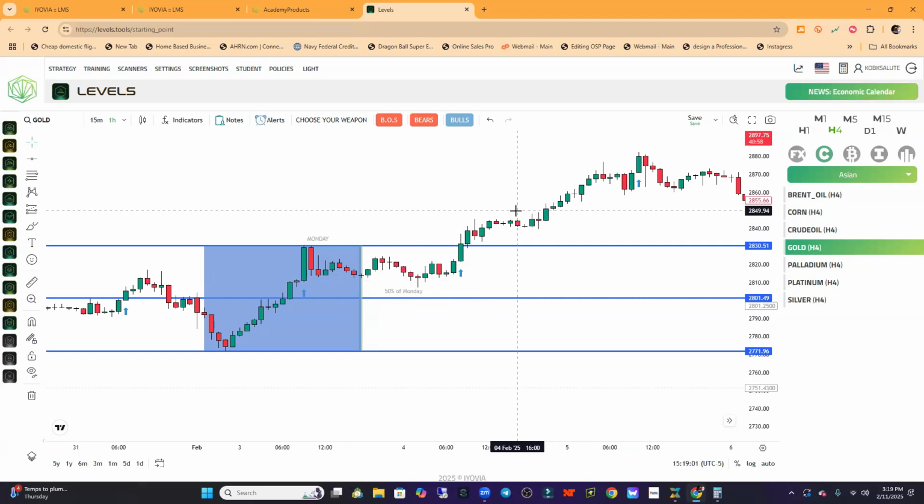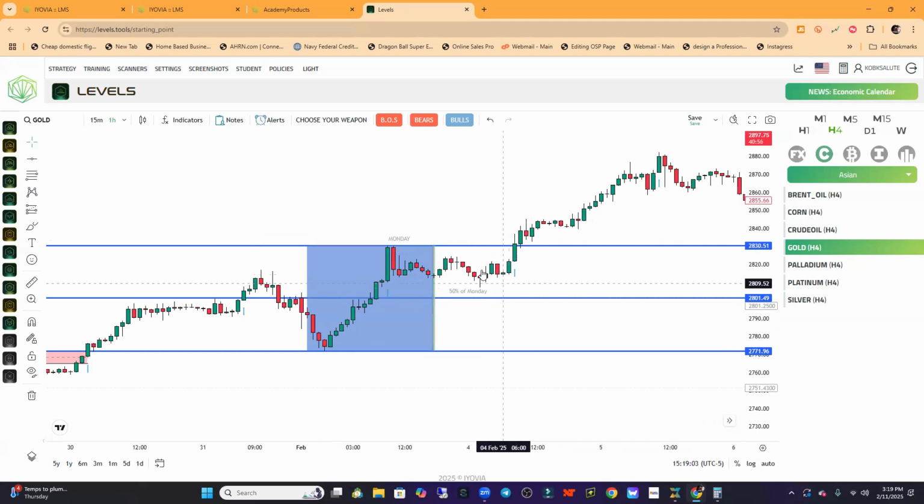That's a hint. Now, when you're looking at this box and you enter this trade, say we entered on this candle right here because this candle closed above the line. If I was to enter this trade, guys, I need to find out how far the trade is going to go. The easy way to do this is to measure the box.